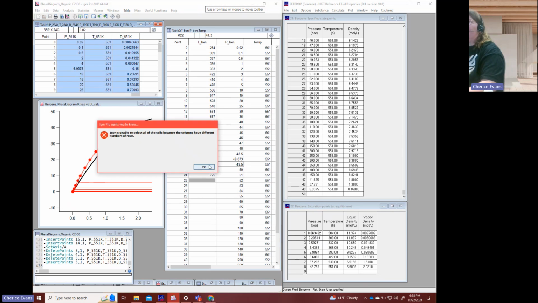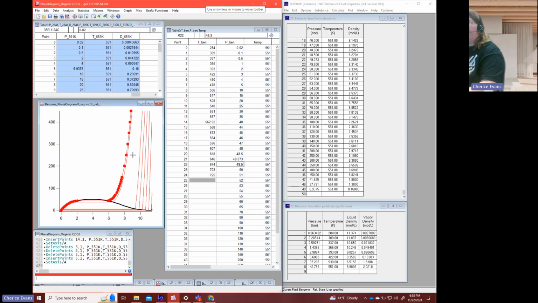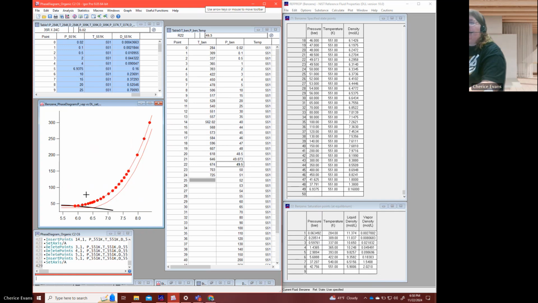And then on this one, the same type of thing. So if I look at these points, I've got a nice smooth transition. I've got too many points there. So to 50, I'm good, which is right here.